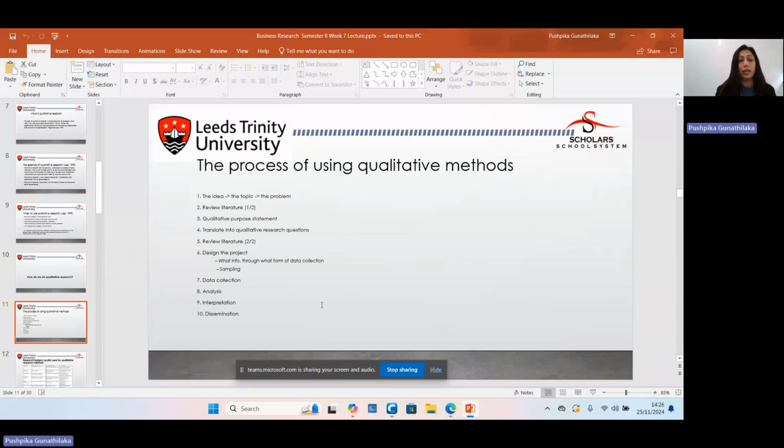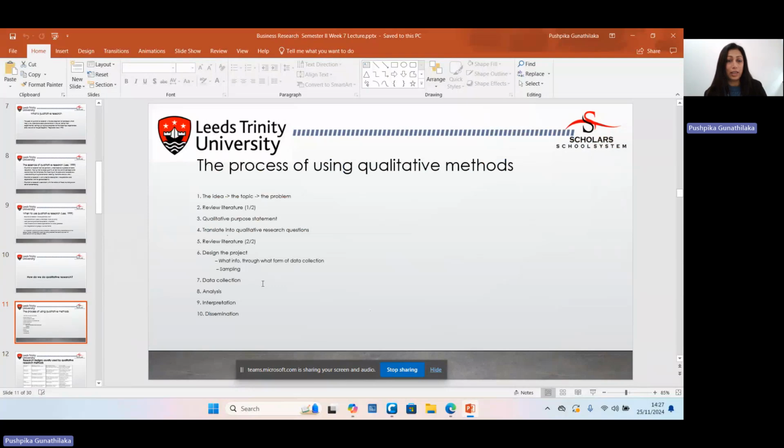So we study whatever research knowledge is already existing in academia. Then we design our project, we design the methodology, we decide on the samples, we think of how to collect the data from these samples. Then we go ahead with the research with data collection.